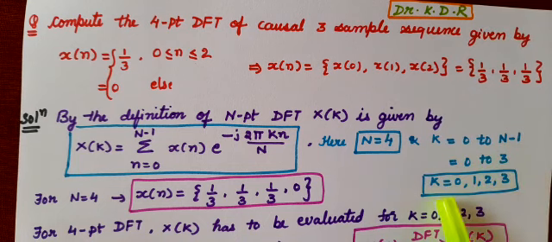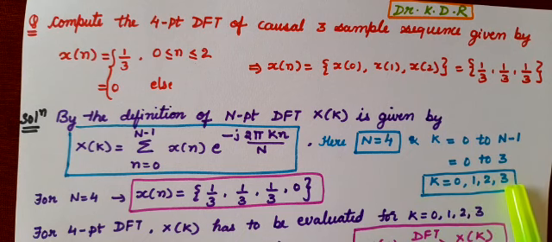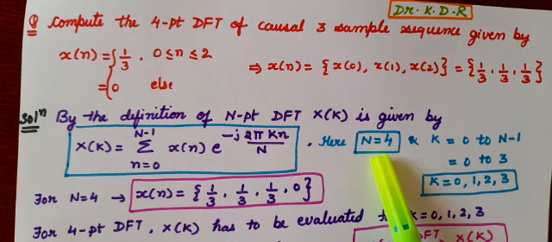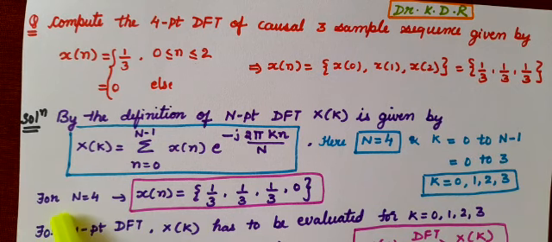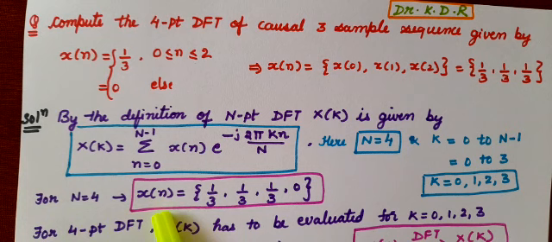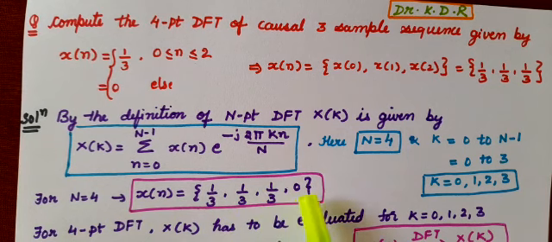So k values are 0, 1, 2 and 3. For finding the 4-point DFT, we have rewritten the given sequence: we are given 3 samples 1 by 3, 1 by 3, 1 by 3, and the 4th sample is not given, so we have taken it as 0.